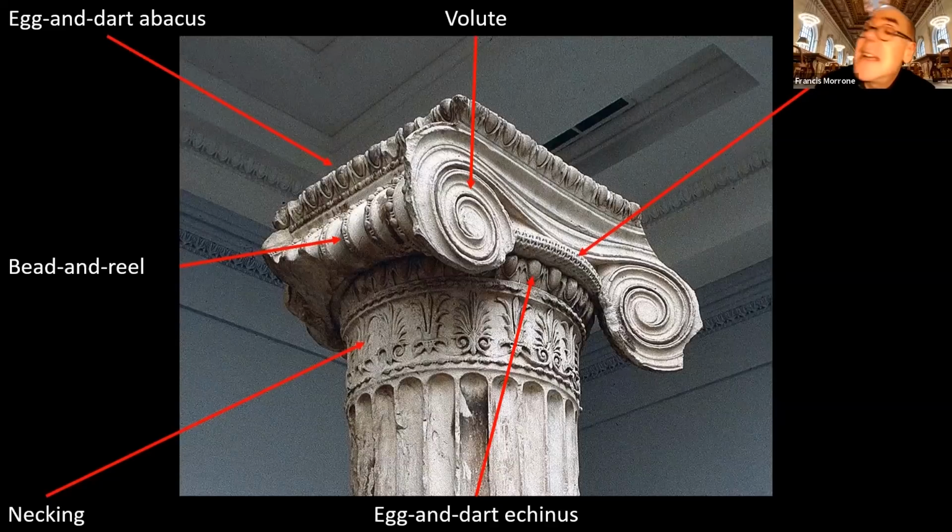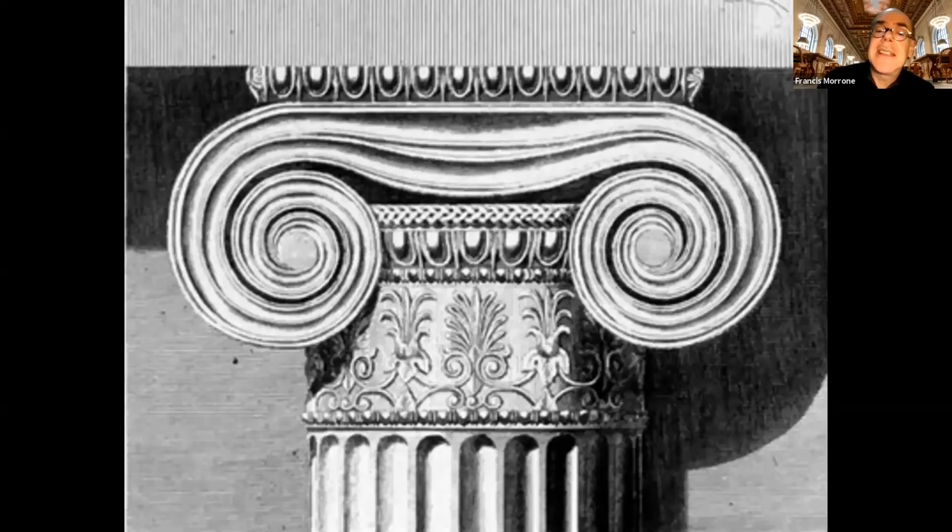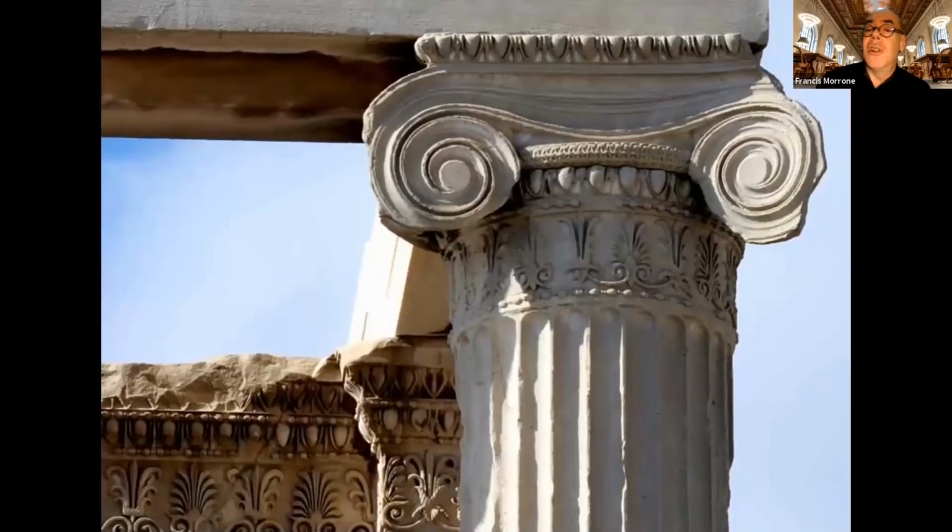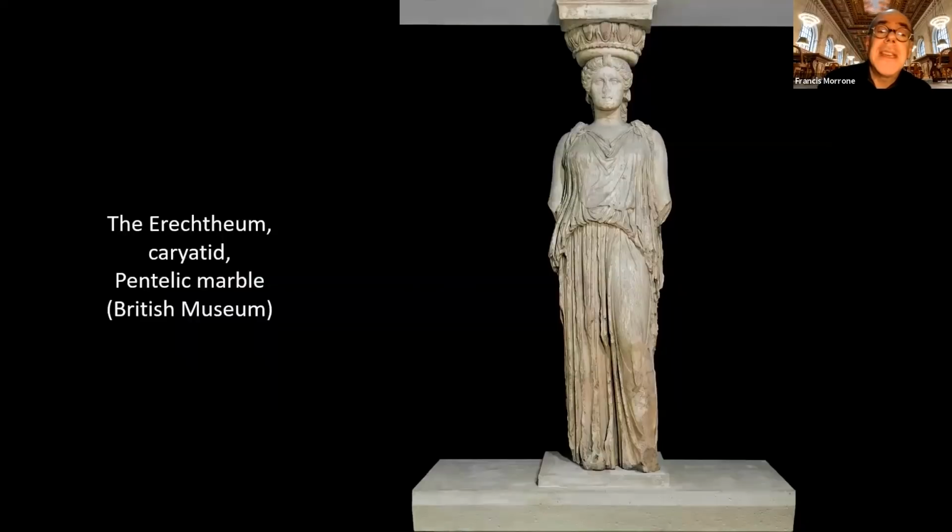Now, these things are not standard in the Ionic Order. The volutes are standard in the Ionic Order, but there is a whole host of embellishment that goes on in different interpretations of the Ionic Order, and this is the Ionic of the Erechtheum, as we call it. And it's a very influential Ionic Order, which was widely imitated.